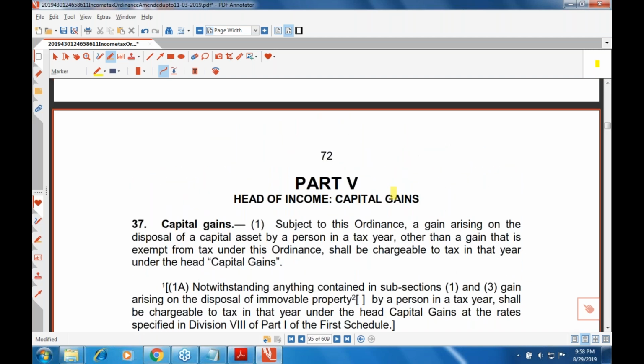Now, the capital gain is the next section. And what exactly do you mean by capital gain?